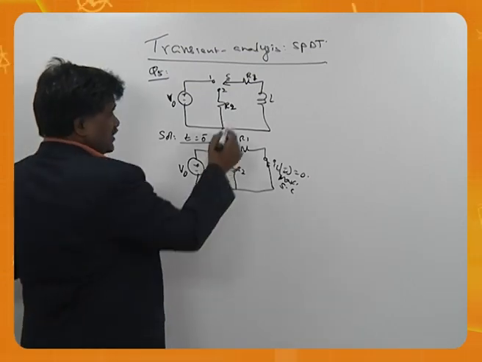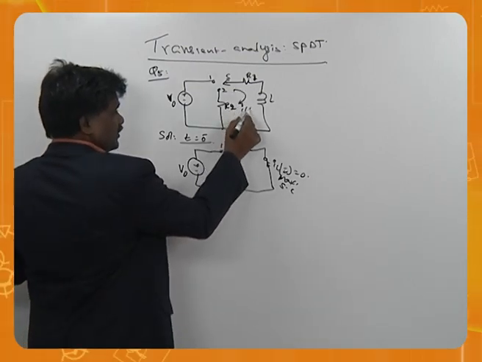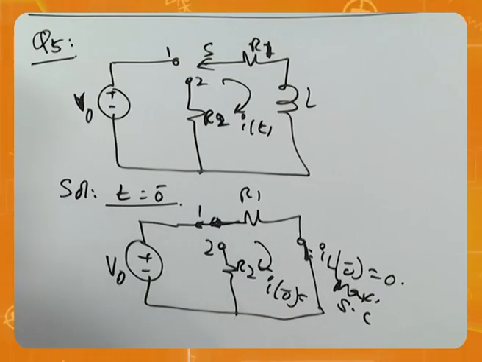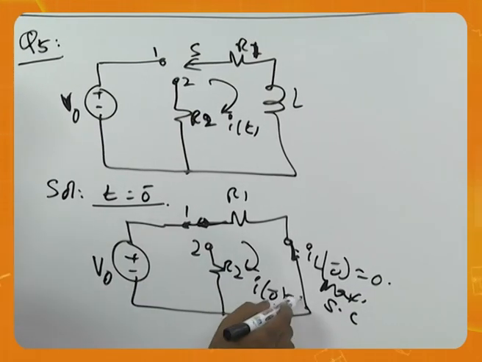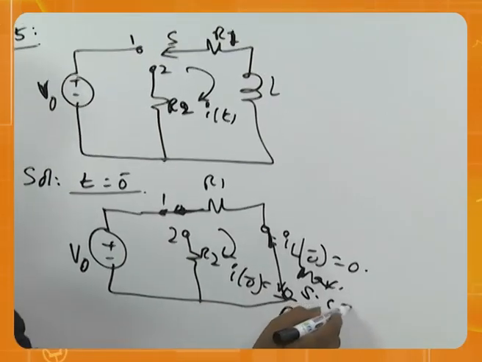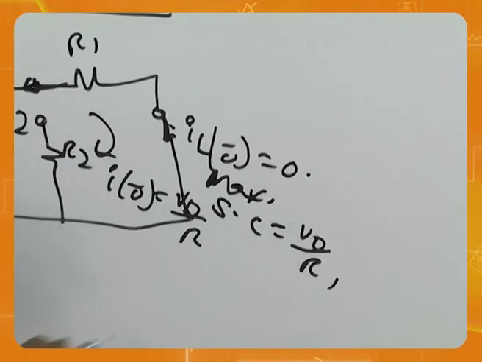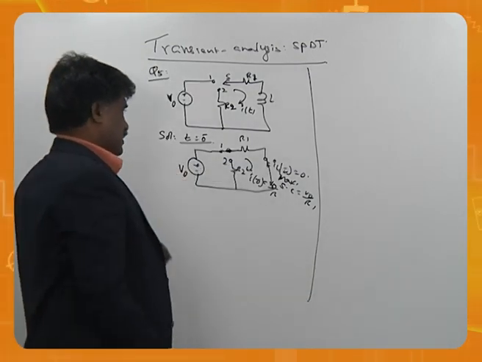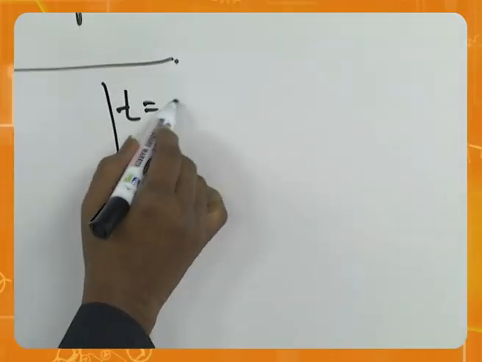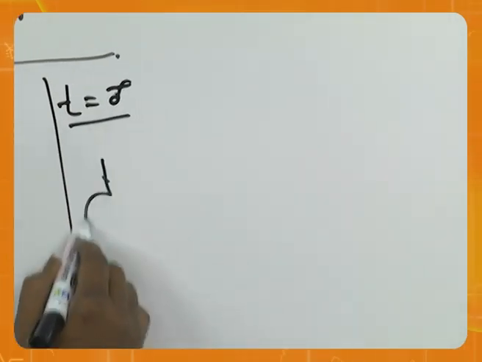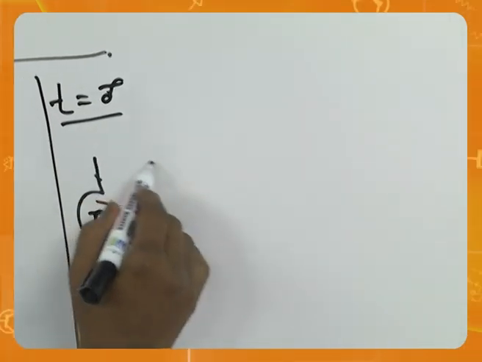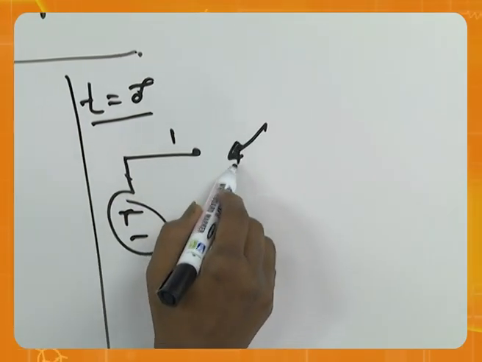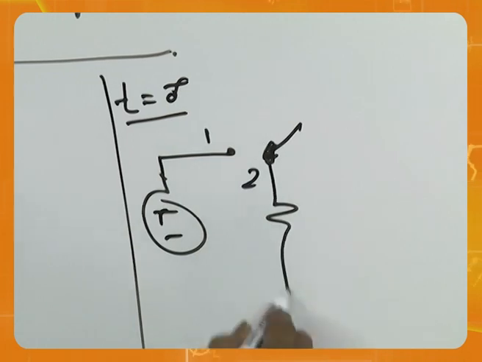And what is the current he is saying? This is the current he wanted. So now this is i(0 minus). How much is it? V0 by R1. So here also V0 by R1. That is about t equals 0 minus. Coming to t equals 0 plus, look here, the switch is moved to position 2 now.